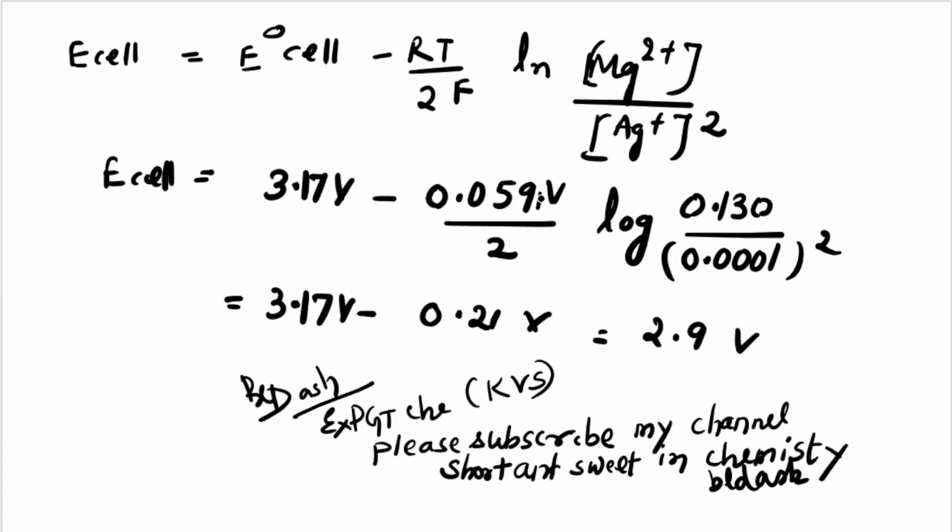There is no word standard here, equal to 2.9 volts. That means there are two processes. One, simply the electrode potential is given, you make a minus, or you can use the Nernst equation where the concentration is given, temperature given, then generally you take temperature as 298 Kelvin. So here you put all the values.